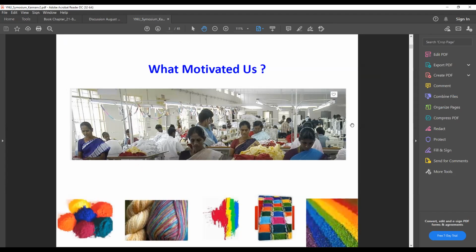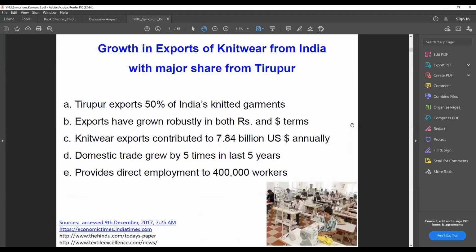You can see a lot of beautiful products being produced with striking colors. And one important thing is that a large number of people are employed, and their livelihoods are closely tied up with the textile industry.